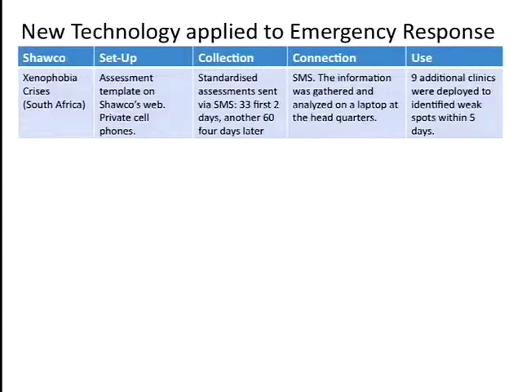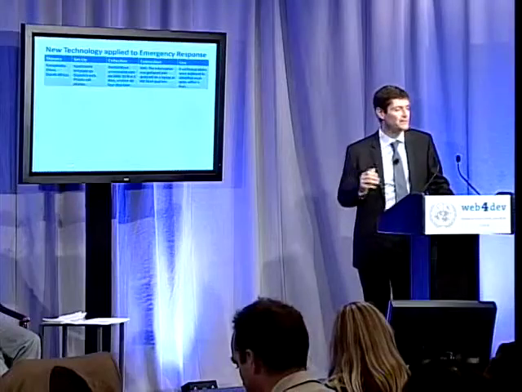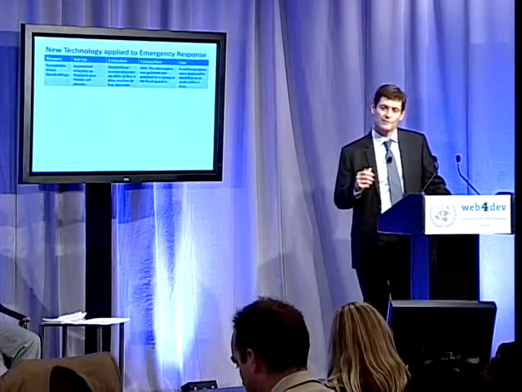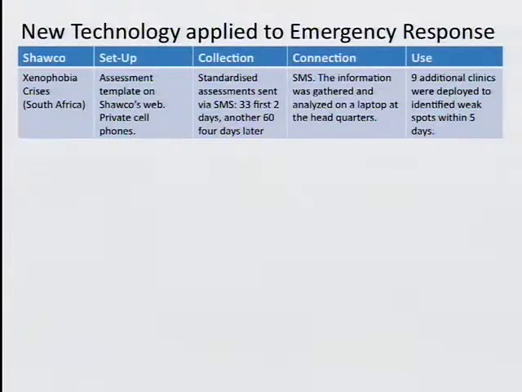At the beginning of the xenophobia crisis in South Africa, they posted on their webpage a standardized assessment of what the communities need because of the migration of people. 33 responses were received in the first 2 days. Another 60 responses were received in the next 4 days. This allowed them to put 9 additional clinics where they were needed to serve the community needs.